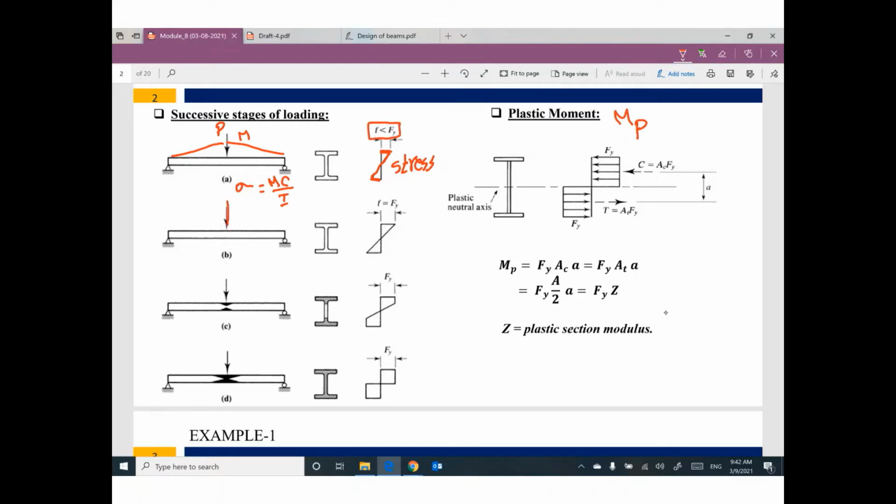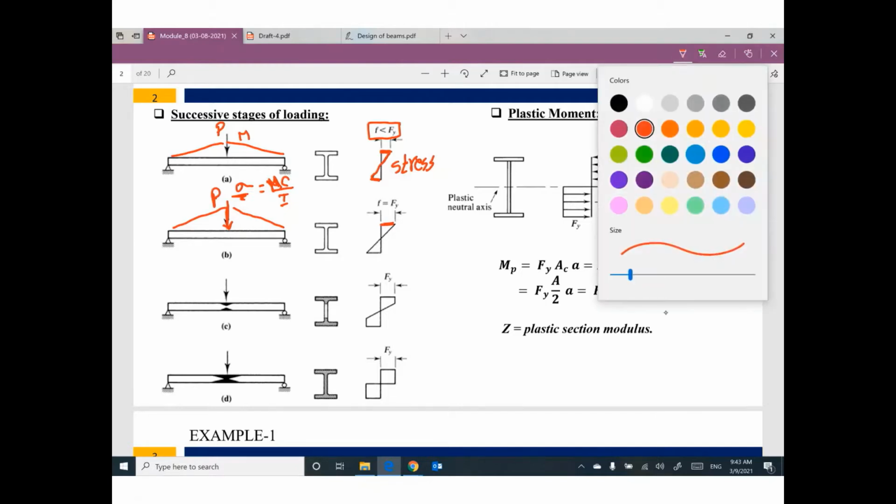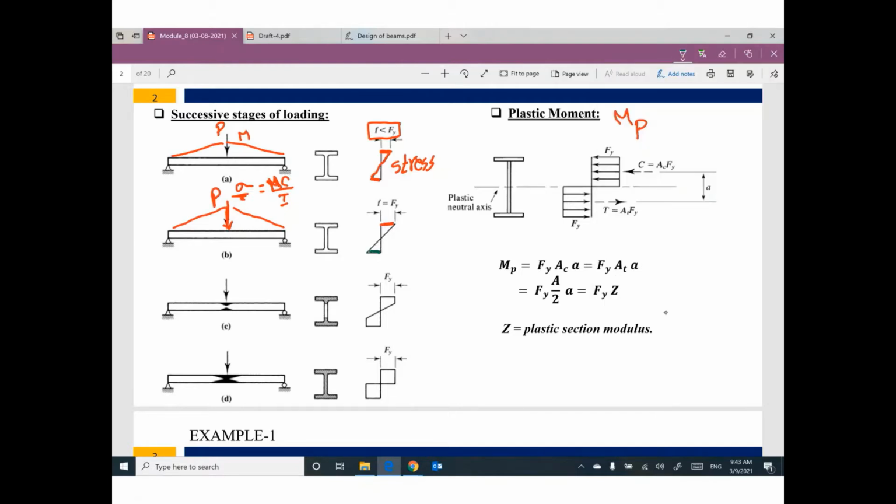If the applied load increases a little bit, the bending moment diagram will increase. So if the moment increases, sigma will increase. So the maximum stress at the top or at the bottom equals yielding, just at the top and the bottom.